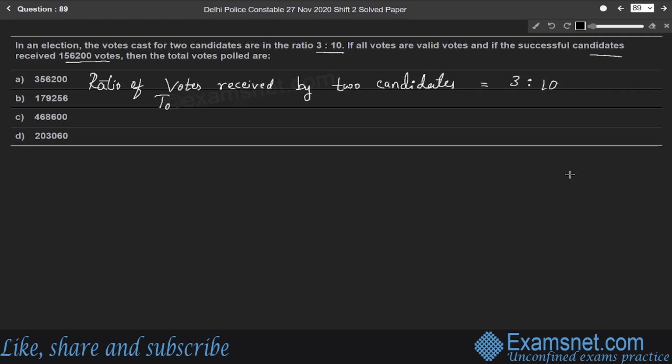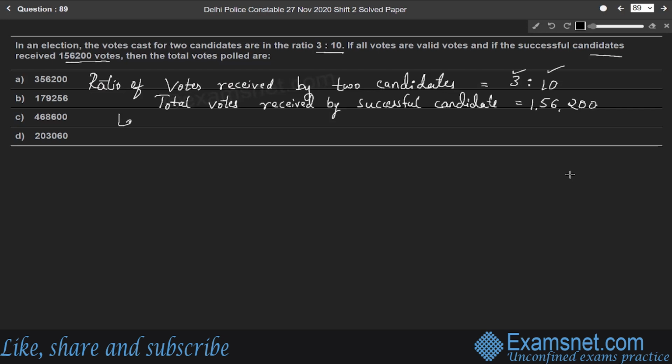And the total votes received by the successful candidate is equal to 1,56,200. Right. So here, let the votes got by the two candidates be 3x and 10x, because the ratio of votes received is 3:10.